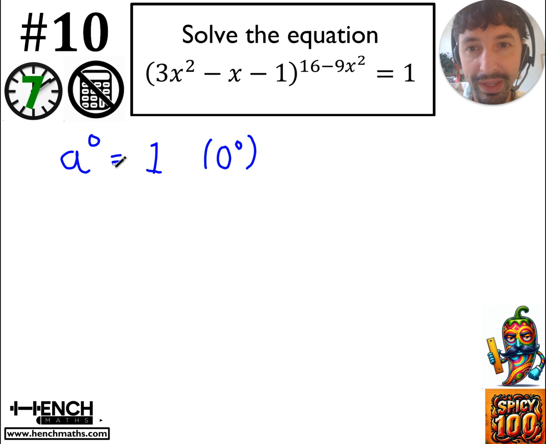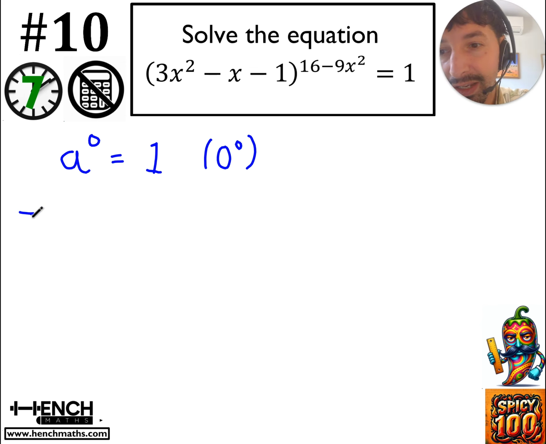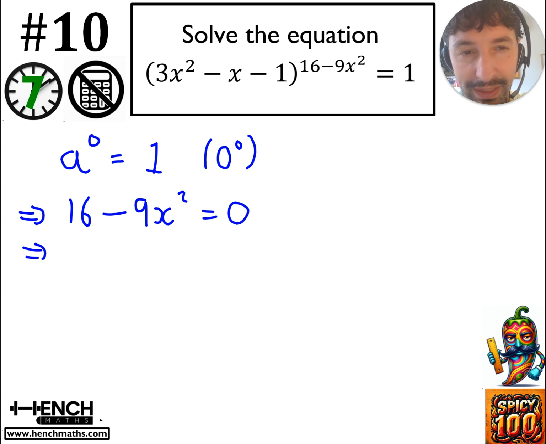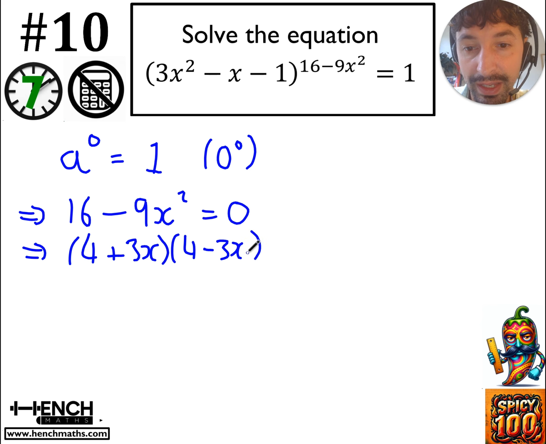So let's apply that. If we make the power 0, so 16 subtract 9x squared would be equal to 0. Now I like factorizing, and there's a difference of two squares, so we'll get 4 plus 3x multiplied by 4 minus 3x is equal to 0.